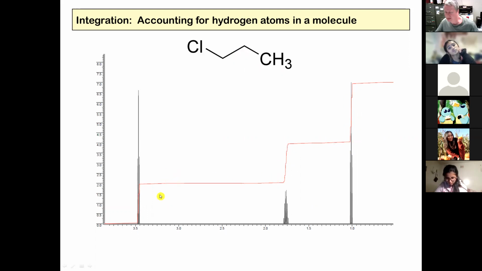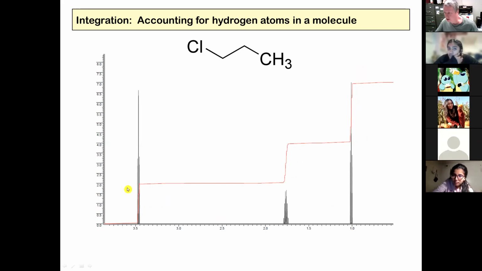If that's like the one distance, this looks like the same distance, right? Is this the same distance or larger? That peak at 1 is probably a little bit larger. So now you can see, oh, it's 2 to 2 to 3. That's an example of the red line being the integration.